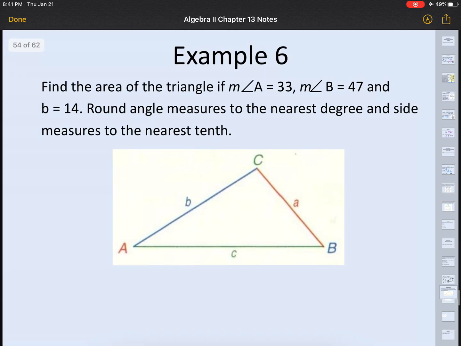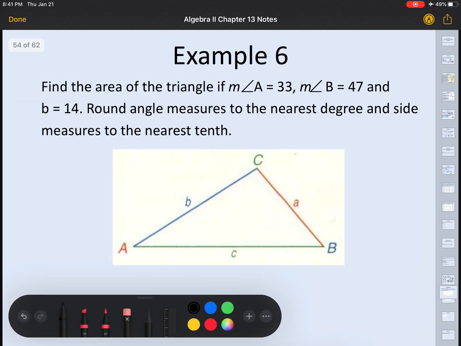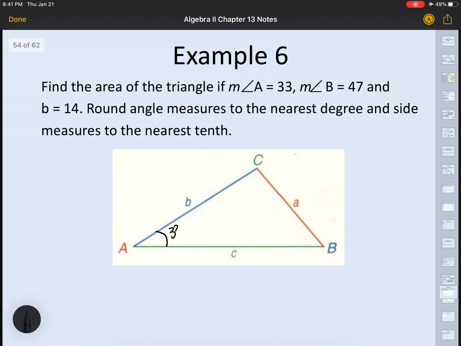So in example 6, our last example, find the area of the triangle with the measure of angle A being 33 degrees, angle B being 47 degrees, and side length B being 14. Round angle measures to the nearest degree, and side measures to the nearest tenth.